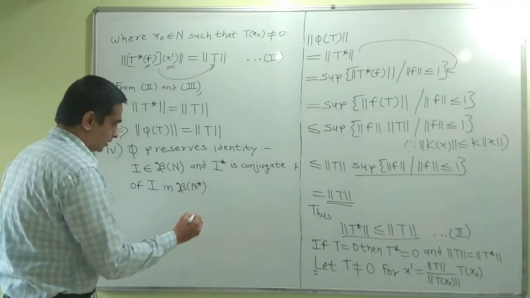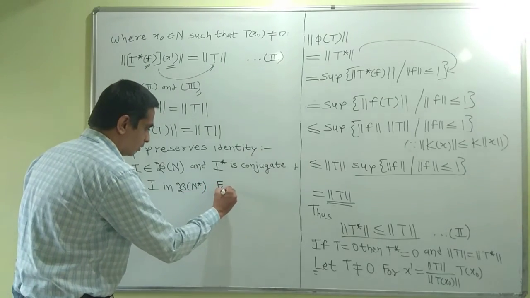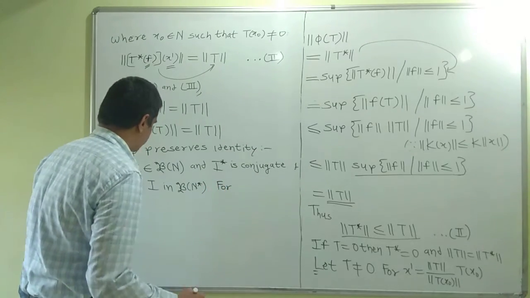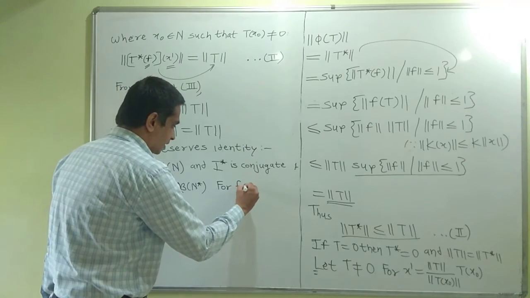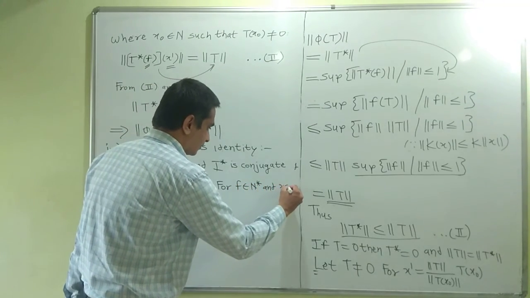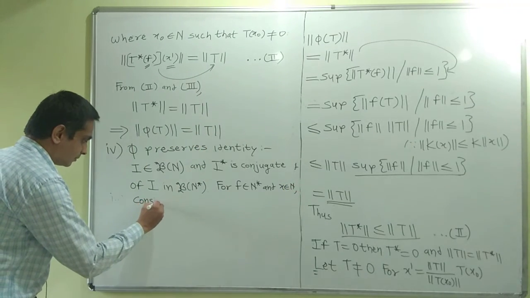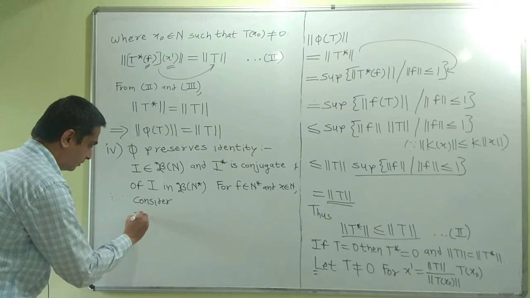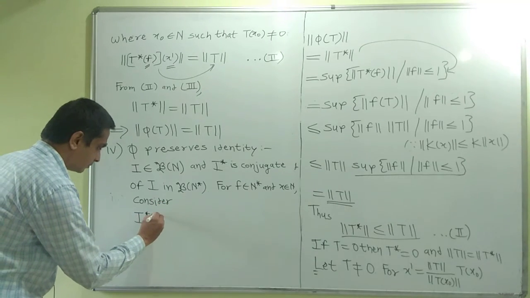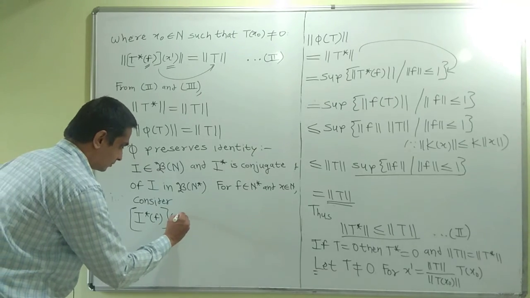So if you observe this, for f belongs to N star and x belongs to N, consider I star of f x.